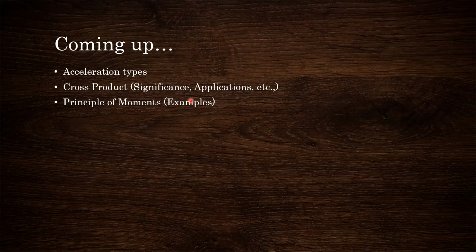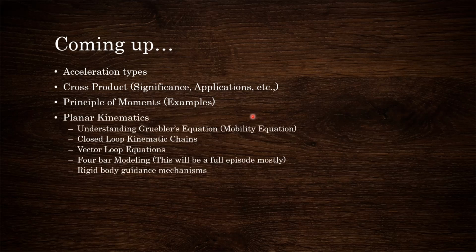Principle of moments: examples of why the sum of clockwise moments and anti-clockwise moments are equal, and how we can find forces based on that. We will study a lot about planar kinematics, the Grubler equation, the mobility equation, and closed loop kinematic chains. We'll study vector loop equations and four-bar modeling, which probably will be its own episode, and then rigid body guidance in 2D.